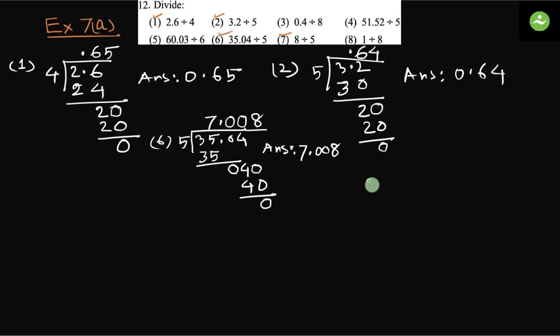Now number 7. Divide 8 by 5. In these cases, always convert the number, the dividend, into a decimal fraction. Just add a decimal point and then a 0. Now 5 into, take one digit.